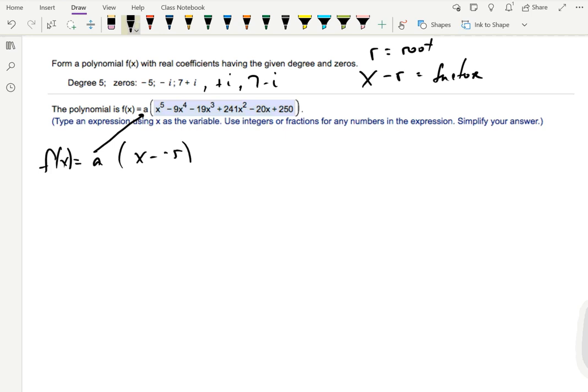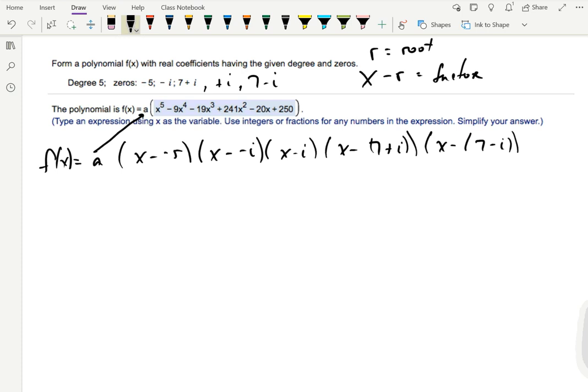So I have x minus -5. We've got x minus -i. We also have x minus positive i. Then I'll have x minus (7 plus i). Remember, put these in parentheses because we're subtracting the entire root here. Then we have x minus (7 minus i).